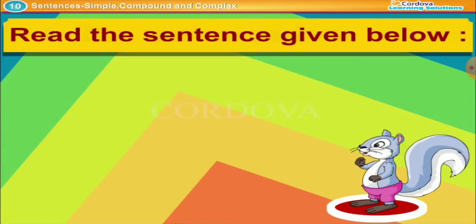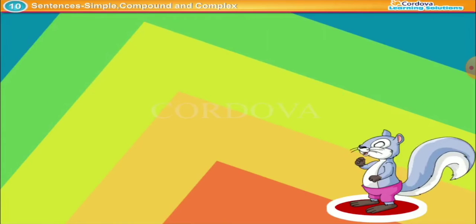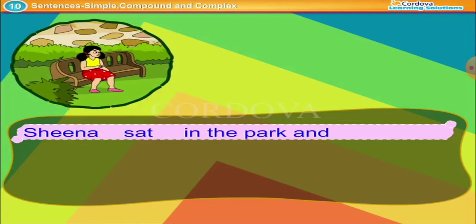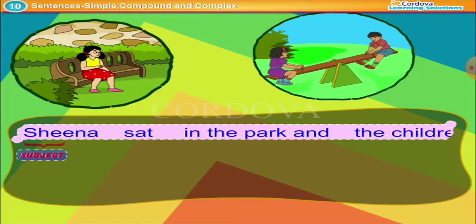Compound sentence and coordinate clauses. Read the sentence given below. Sheena sat in the park and the children played on the swings. Subject, finite verb. Subject, finite verb.